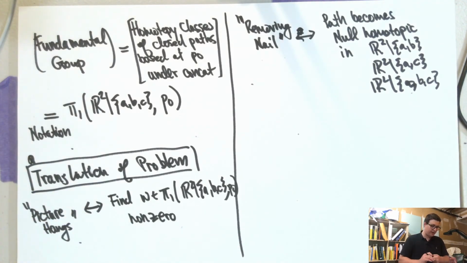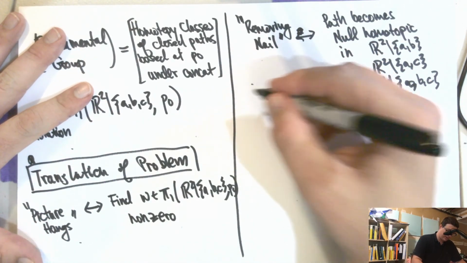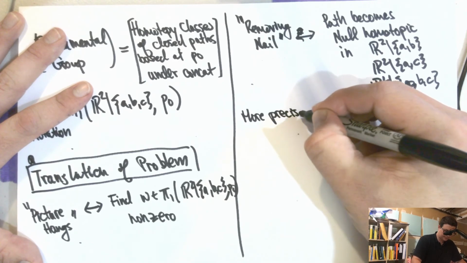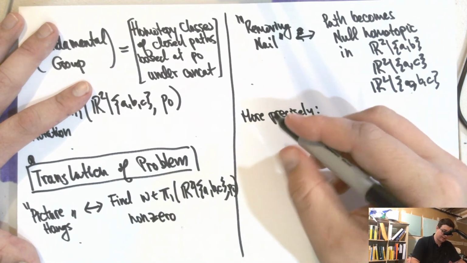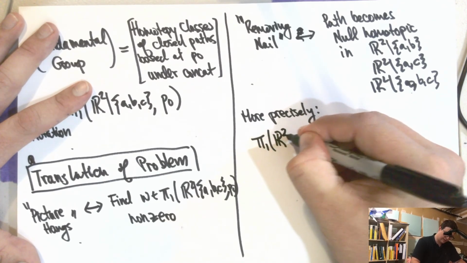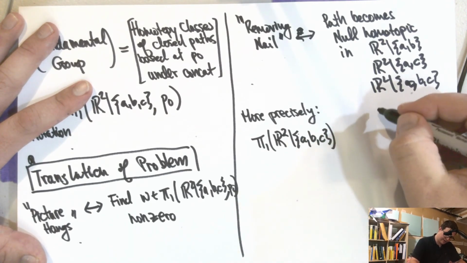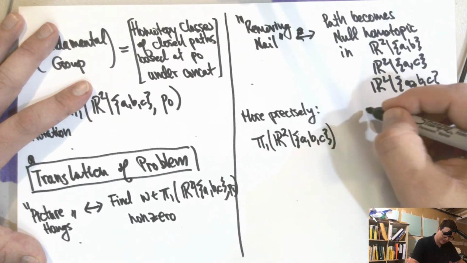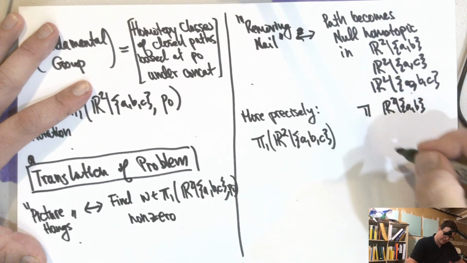In particular, what this means, more precisely, is that there are 3 group homomorphisms. So we have R2 minus A, B, C. I'm omitting the base point in this notation; I'm tired of writing it.